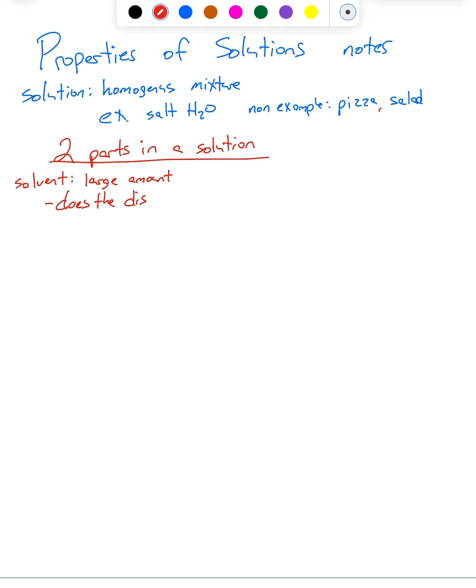A solvent does the dissolving. A great example of this is H2O, also known as the universal solvent. This is to be contrasted with the solute.